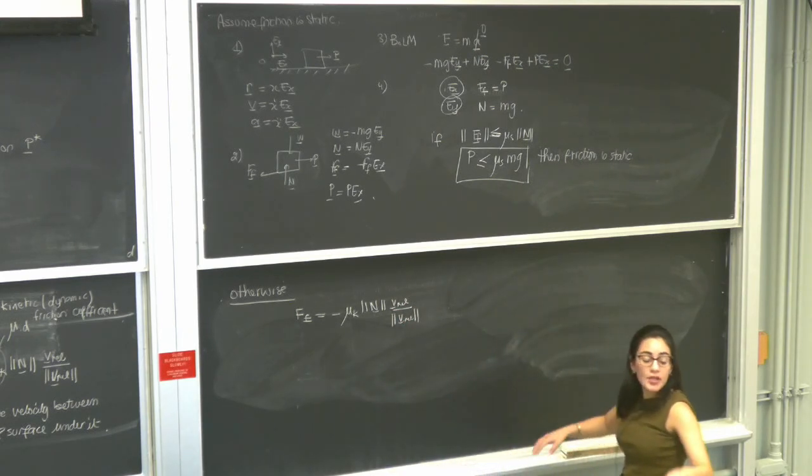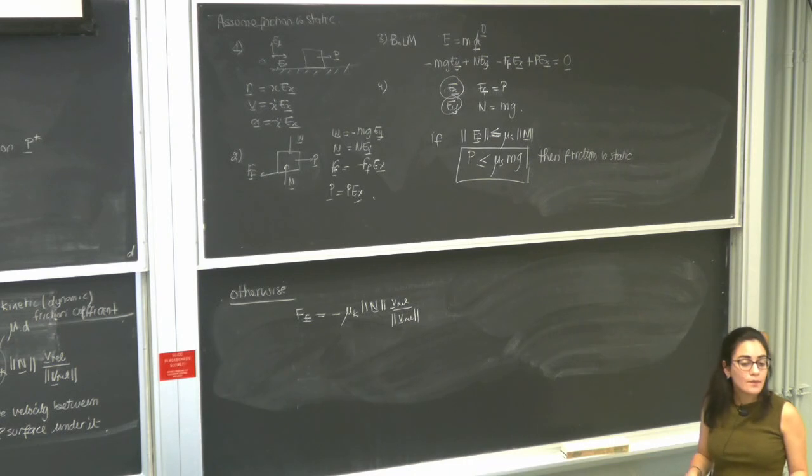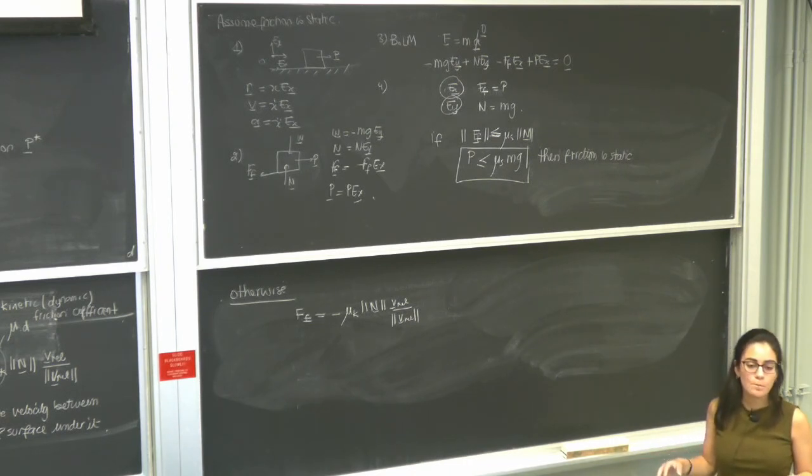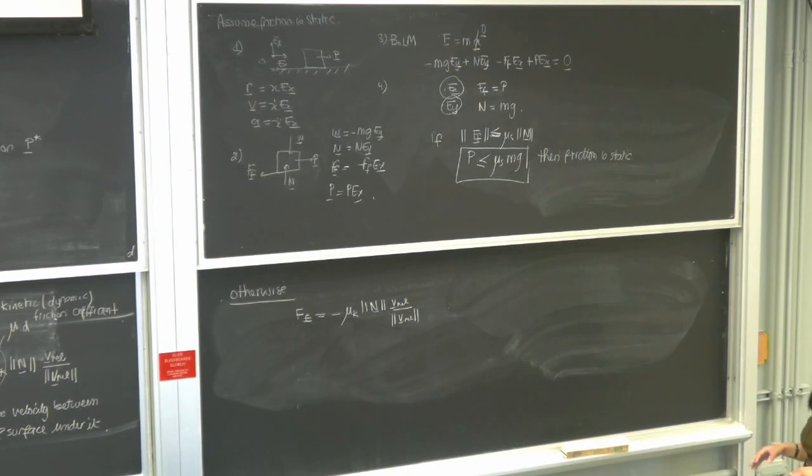Okay? So if the block is moving, what is the normal force acting on it equal to? What is it? Is it still mg? Raise your hand if you think it's still mg. Okay, raise your hand if you think it's not. Maybe discuss, think about it.